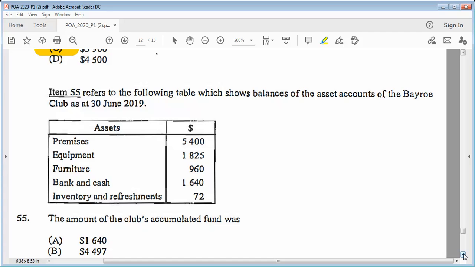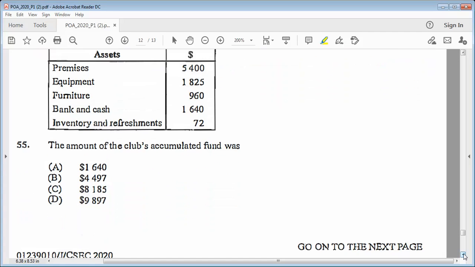So the amount of the club's accumulated fund was, when we add all of that in total, we got 9,897. So D is our answer.